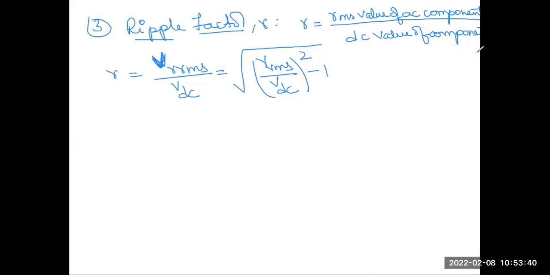So this is the final expression, which means the ripple RMS value is equal to root of Vrms squared minus VDC squared.